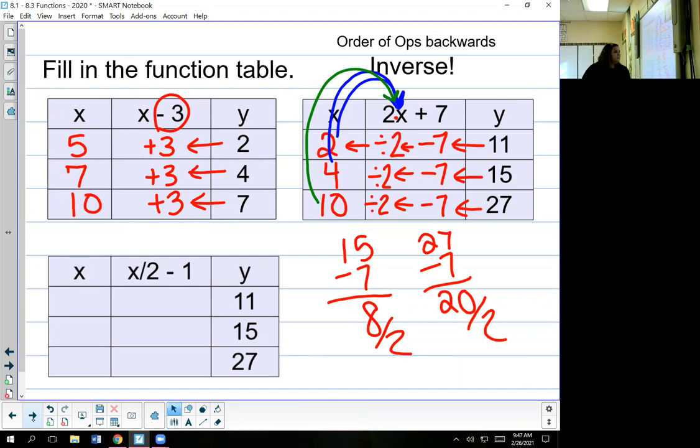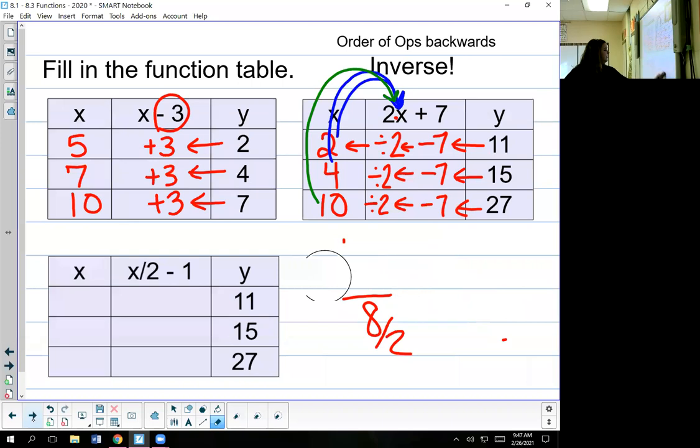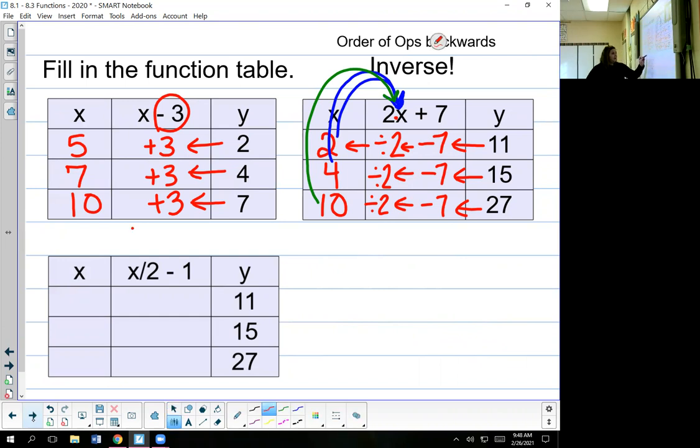Now, this one is the same idea. However, I threw in something a little different. So I now have x being divided by 2 and then subtract 1. So if I made this an equation, x, whatever x is, cut it in half, take away 1, I have to get 11.